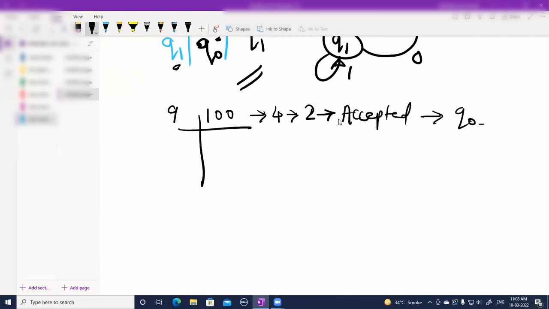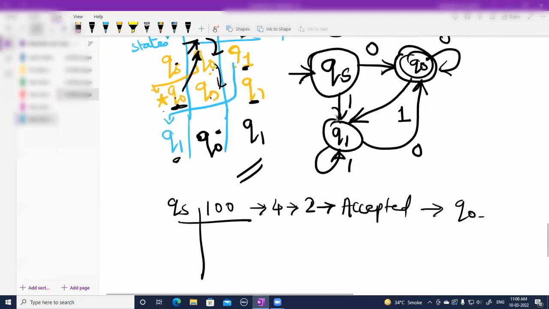We'll start with QS. Now we'll take QS with 1. QS with 1 is going to Q1. So we'll write QS on 1 goes to Q1 and the remaining string is 0, 0.